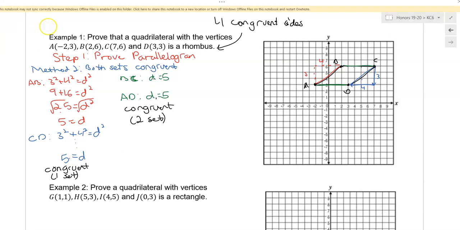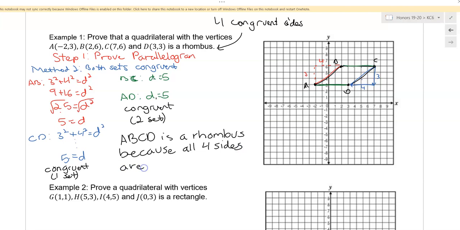Yes. We have 4 5s. Done. So A, B, C, D is a rhombus because all 4 sides are congruent. Beautiful. Moving on.